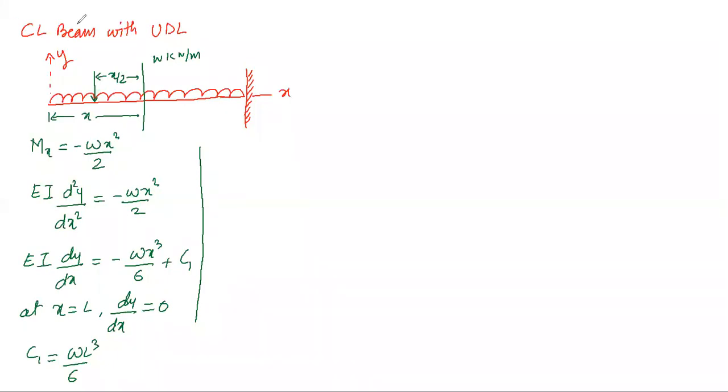Okay. So the equation we have defined is EI dy by dx is equals to minus wx cube by 6 plus WL cube by 6, right? Now put x equals to 0, that is the maximum slope, the maximum slope is at x equals 0. You will get theta max, right?